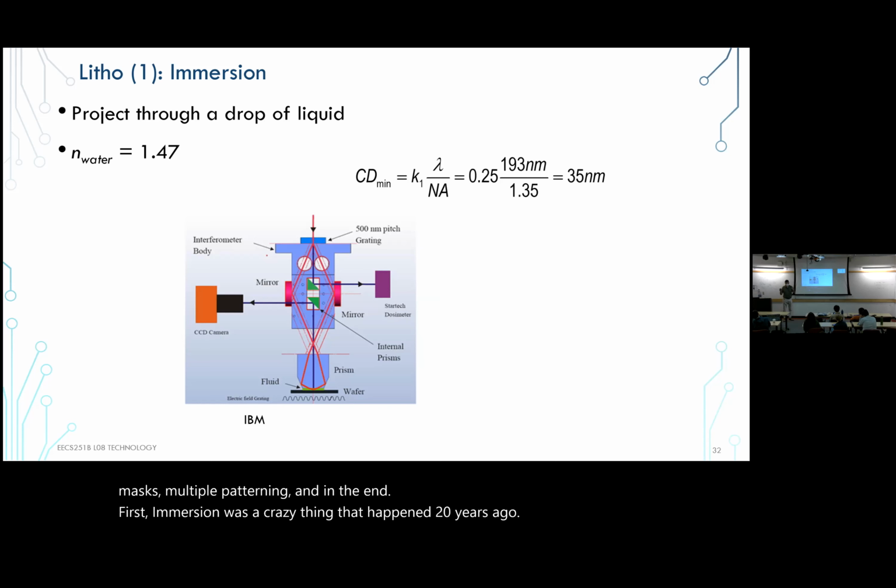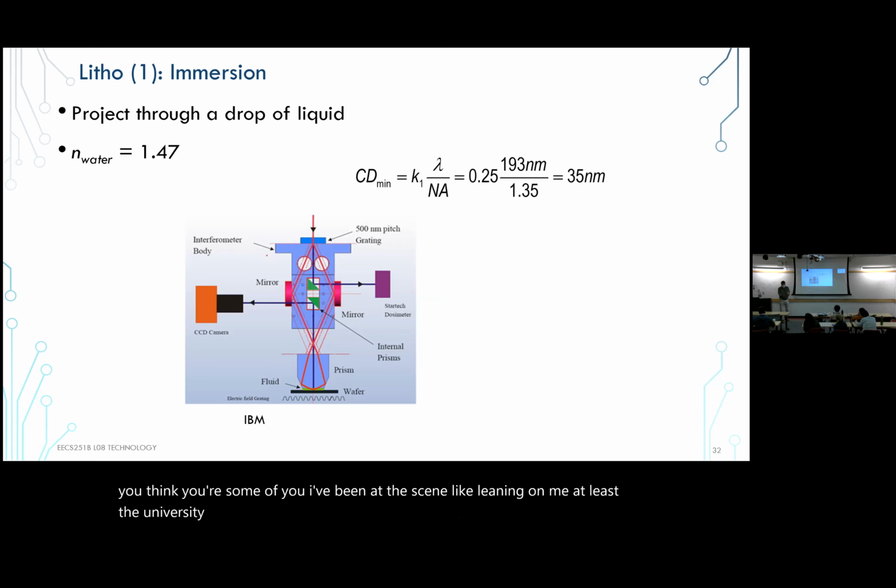This whole thing lives in a clean room. I believe some of you have been and seen a clean room, at least a university clean room. We are supposed to be operating in this clean environment. There are supposed to be no liquids whatsoever. Everything is operating in clean air. There are no dust particles and things like those.